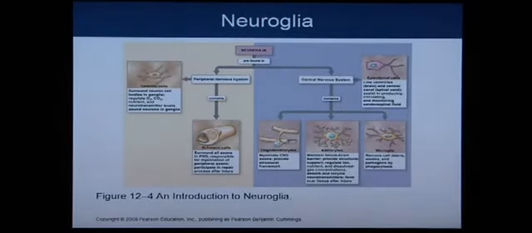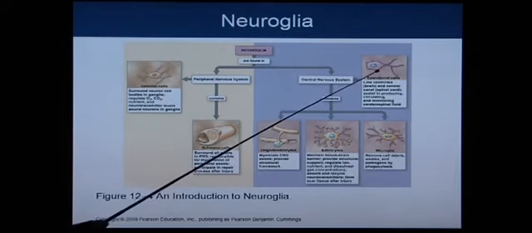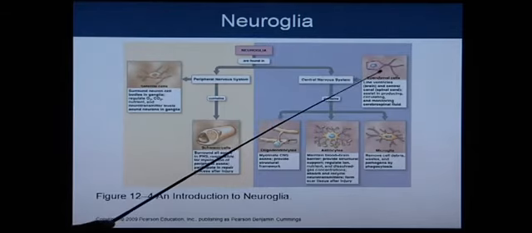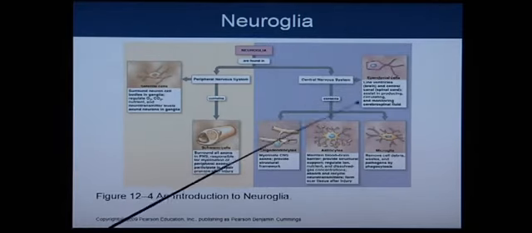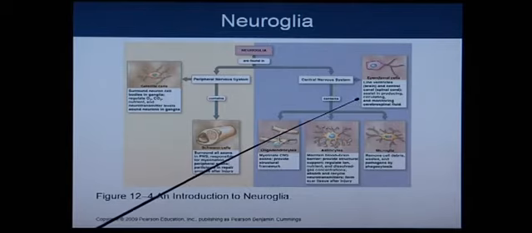Alright, in this picture we're going to focus first on the right side. Up at the top we've got a little chart to keep things organized. We've got neuroglia, which are found in the peripheral nervous system or central nervous system. Thus far, we have only talked about the central nervous system neuroglia. Up here, it looks a little bit like a little octopus or squid. We've got an ependymal cell, which has a cell body and some little tentacles coming off. These are the ones that line the ventricles of the brain and the spinal cord, and they help to circulate and monitor the cerebrospinal fluid.